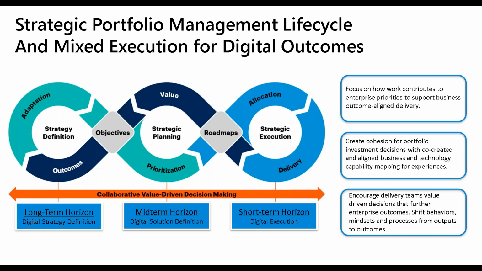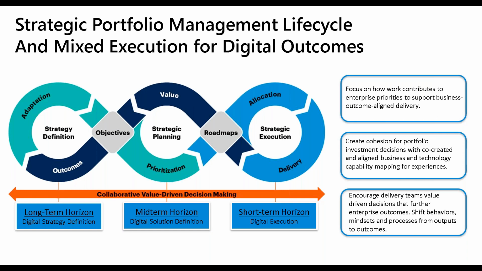An additional element to consider: Gartner provided, for digital initiatives and strategic portfolio management, a piece on how you need to really have mixed execution for digital outcomes, and they're really addressing all digital within an organization, which again is a predominant part of investment in IT.